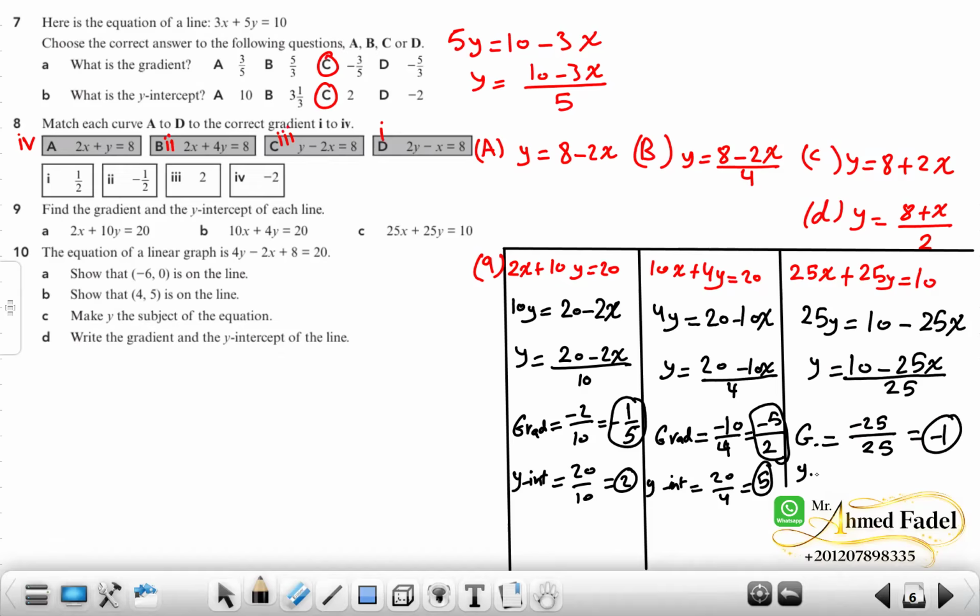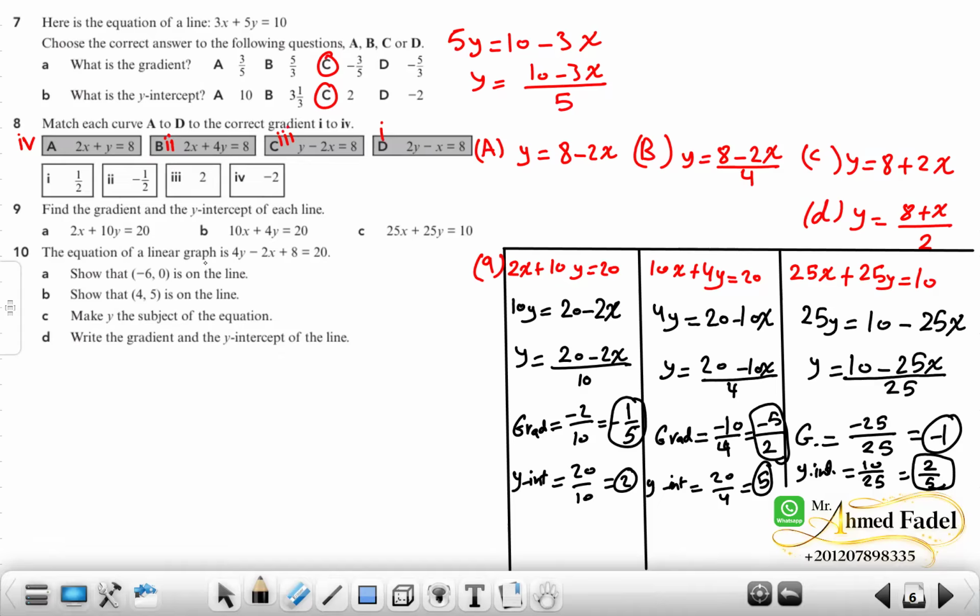And the y-intercept is 10 over 25. Simplifying, divided by 5 is going to give you exactly 2 over 5. Now I made y the subject, I found the gradient, and I found the y-intercept. Question 10, which is the last question.